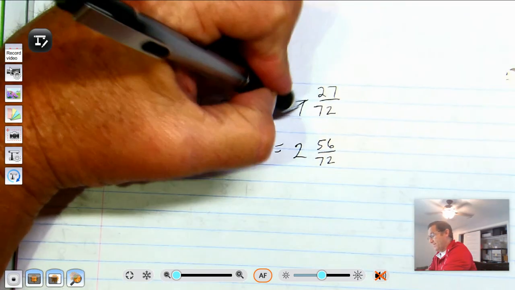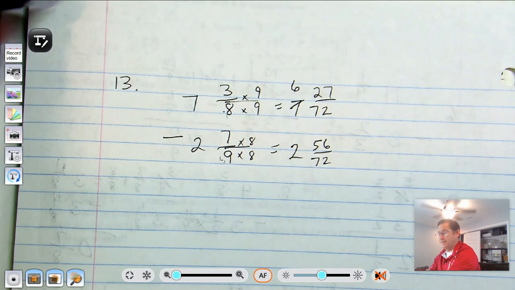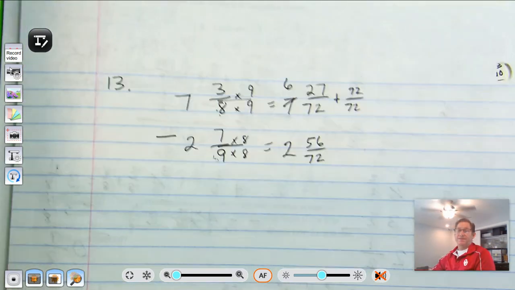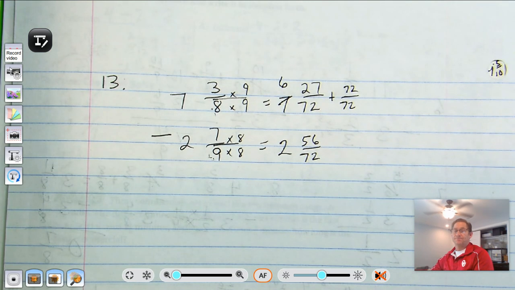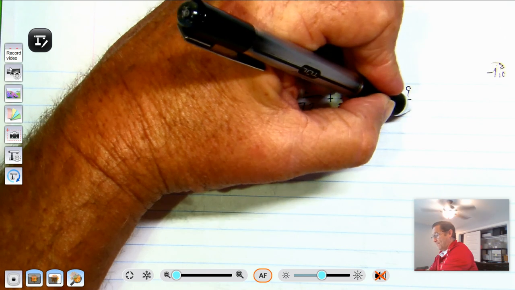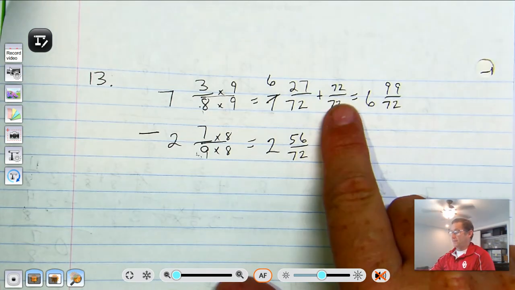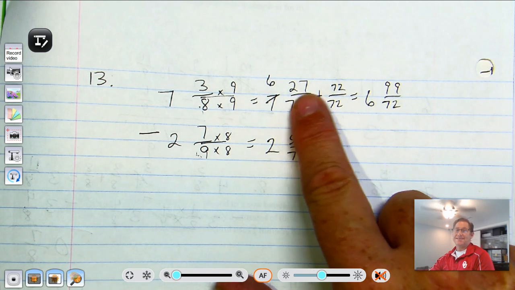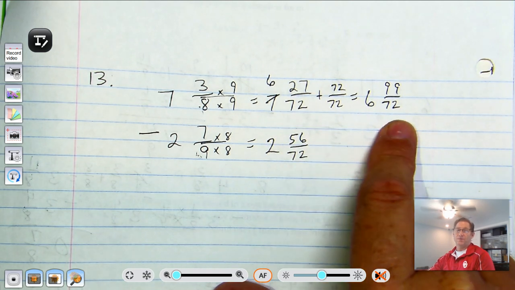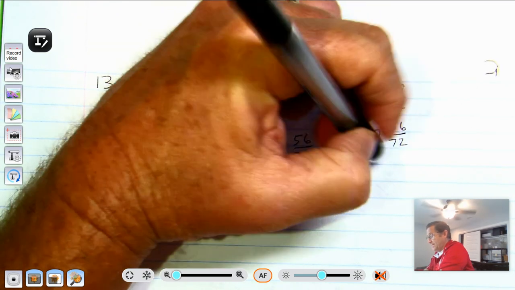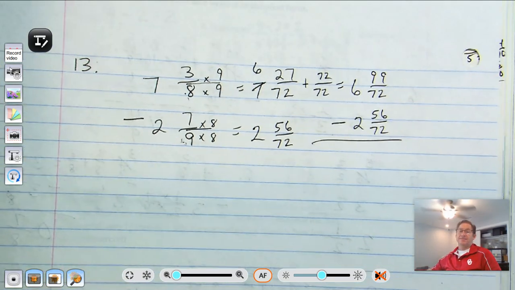So let's rename the 7 wholes as 6 plus 72/72. So if I add the additional 72/72, I get 99/72 minus the 2 and 56/72.